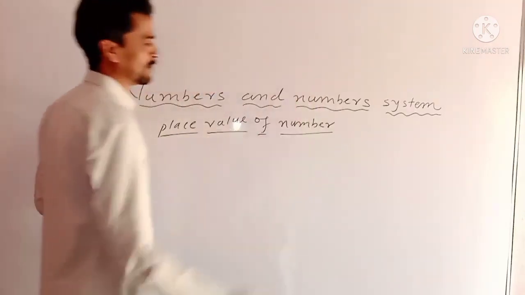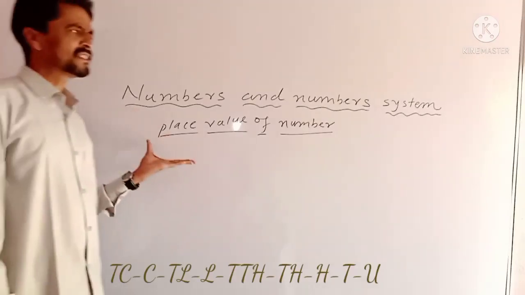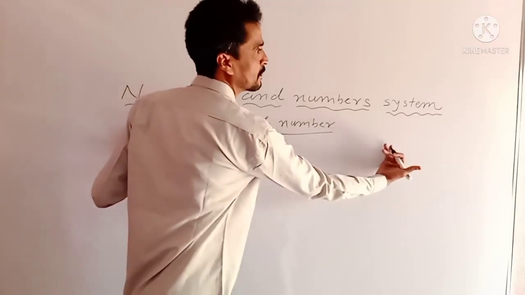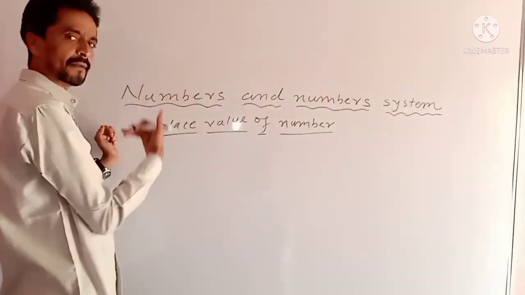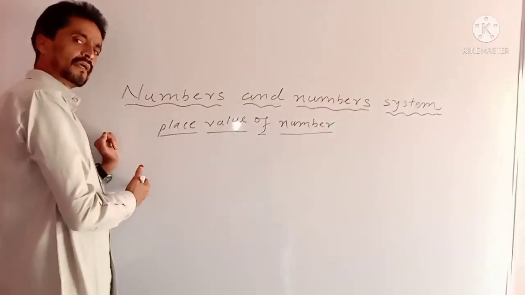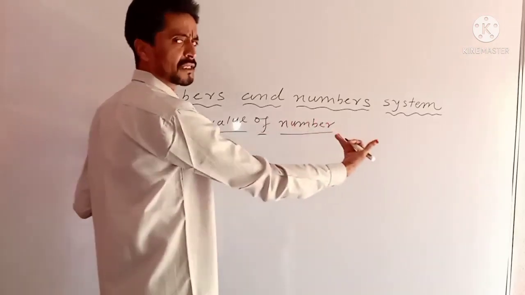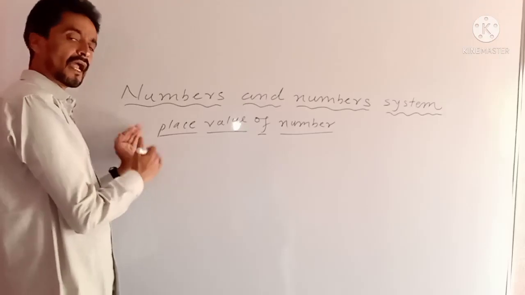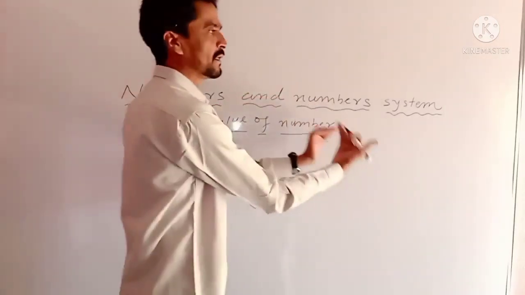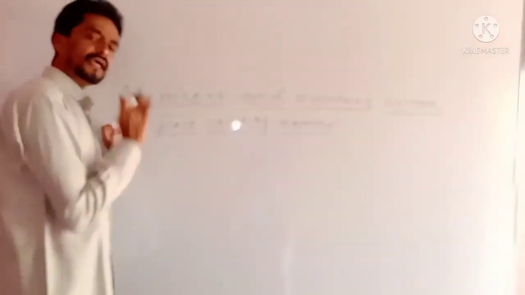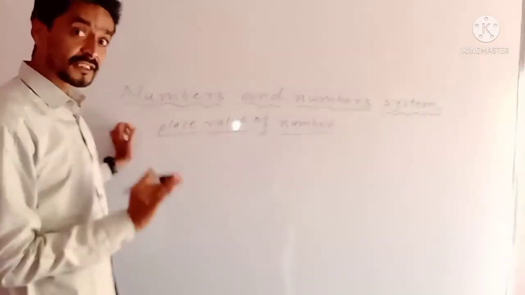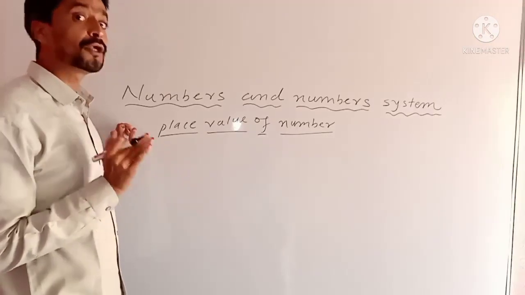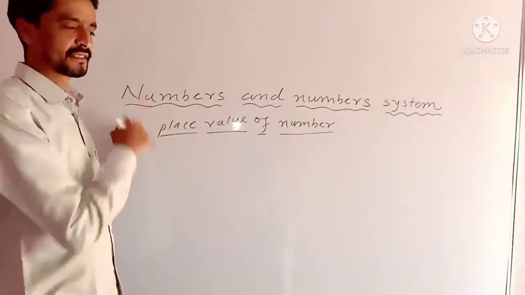The place value of a number, we can start from right hand to left hand side. I can explain the place value of the number from right to left and left to right. Any number's place value is considered according to its place.